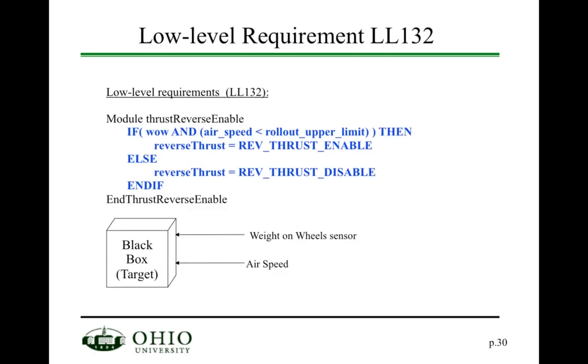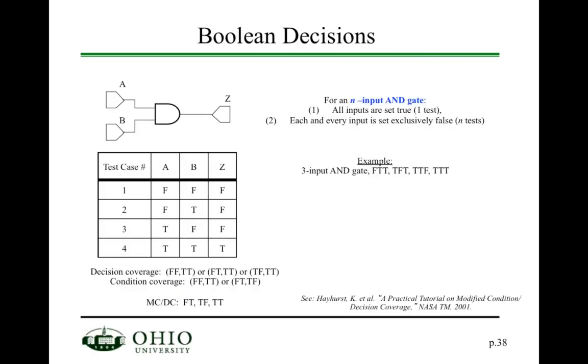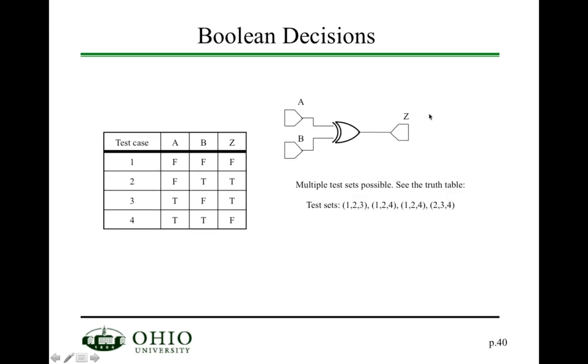So in that case, see that there's multiple test sets possible. You can combine 1, 2, and 3, 1, 2, and 4, 1, 2, and 5, and 2, 3, and 4. In all cases, of course, there's 2 inputs, so 2 conditions in this case, so that means that you have 2 plus 1 equal to 3 test cases that are required.